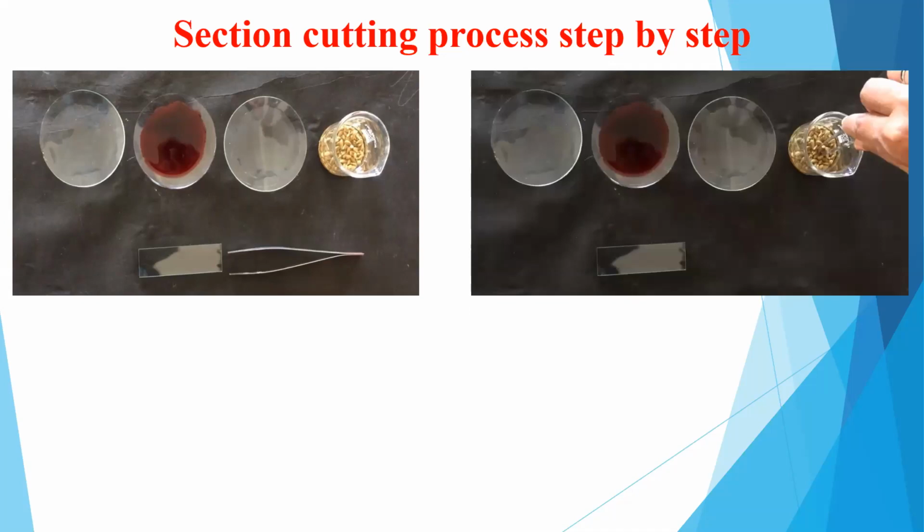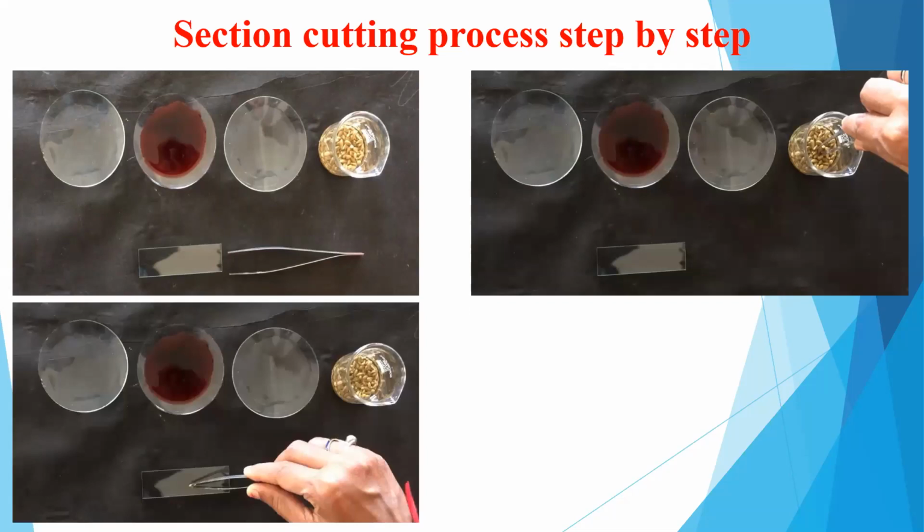First of all, the fennel fruit which are dipped into the water in the beaker is collected with the help of forceps. Then it is placed on that microscopic slide.